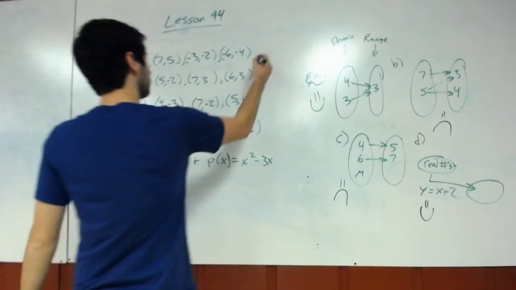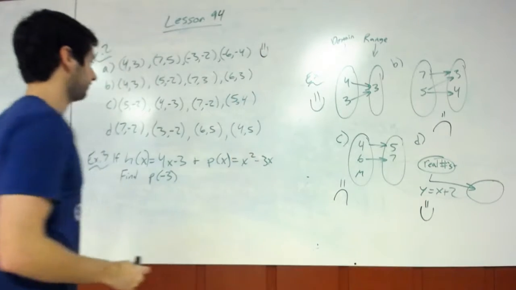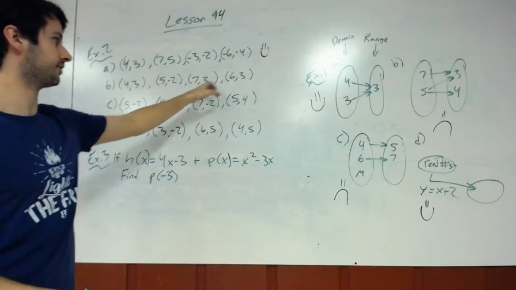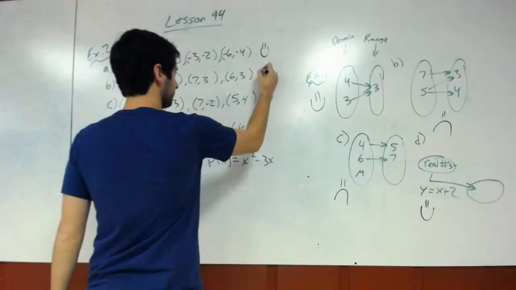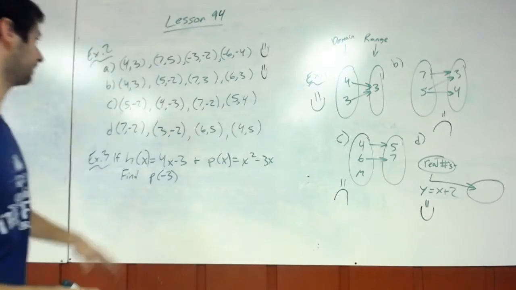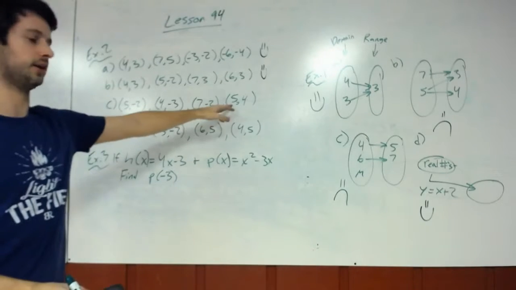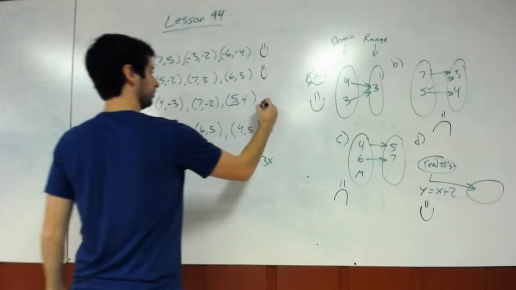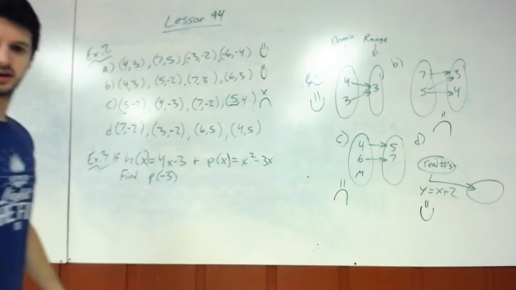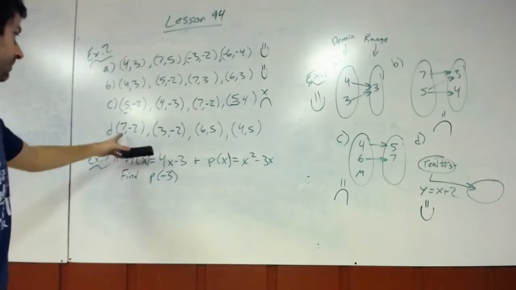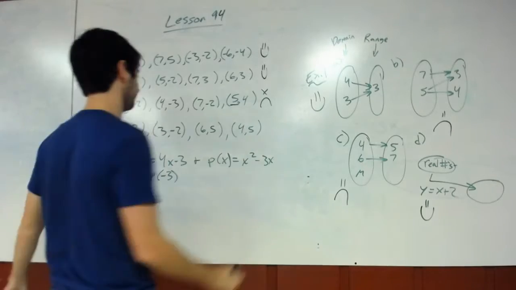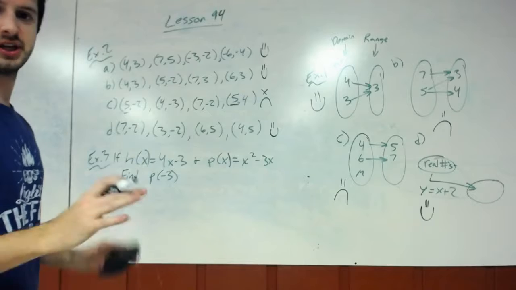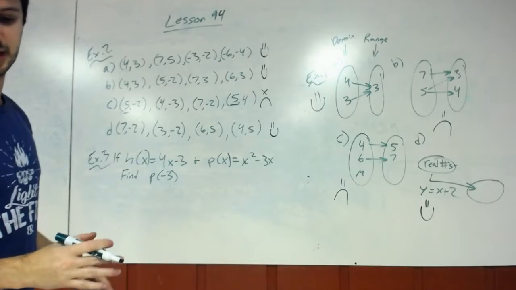So therefore, boom, it's a function. 4, 5, 7, 6, those are all different in my x values. That's a function. 5, 4, 7, 5. We have two 5s, so that is not a function. And then the last one, 7, 3, 6, and 4, all different. Yes, that's a function.